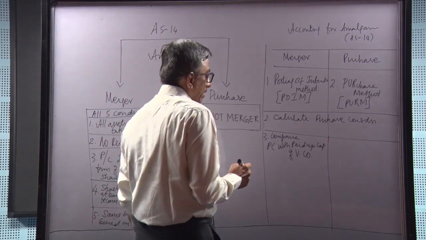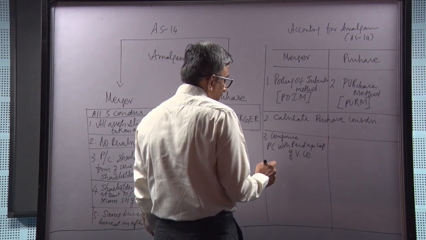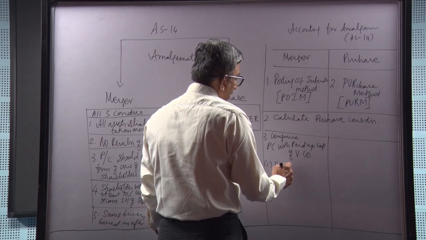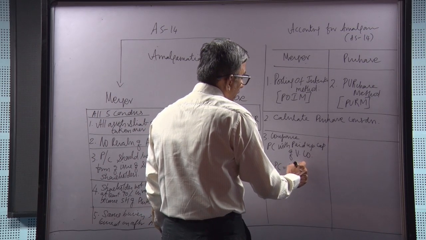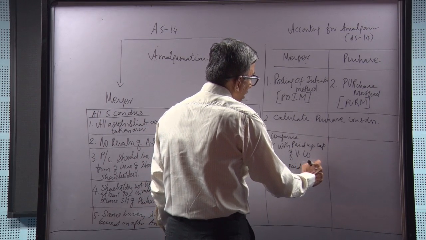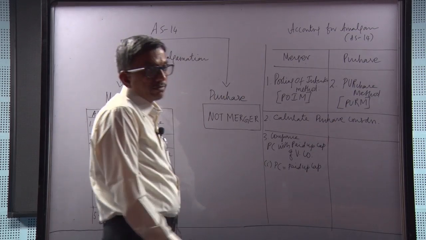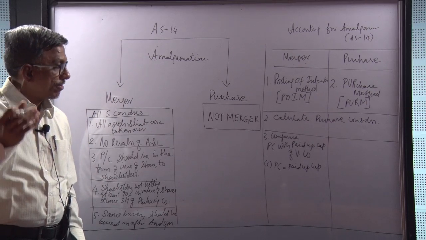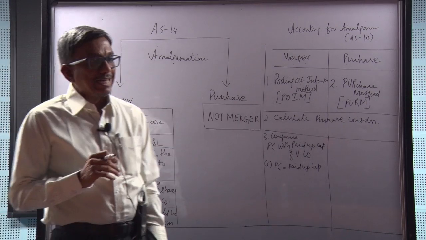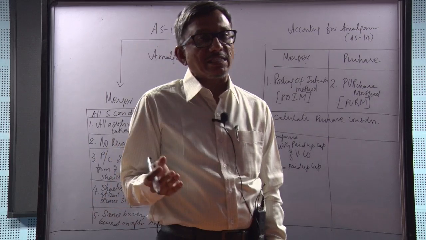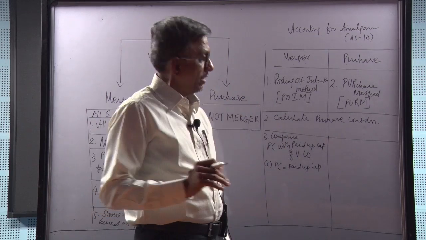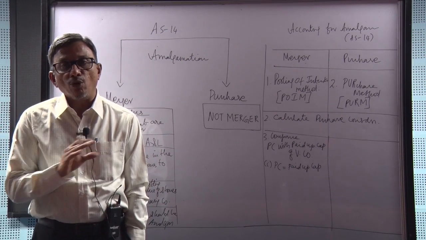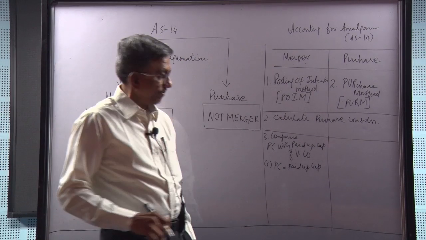When you do that, there are 3 possibilities. What are they? Number 1, purchase consideration is equal to paid up capital of vendor company. Then you need not make any further adjustment, because in the place of paid up capital, the consideration issued as shares will be recognized in the books of accounts of the purchasing company. Therefore, if the consideration and paid up capital are one and the same, no further adjustment should be done.